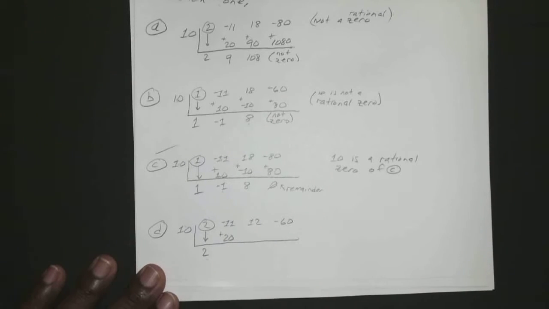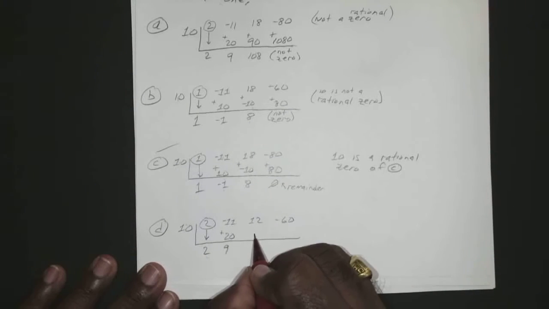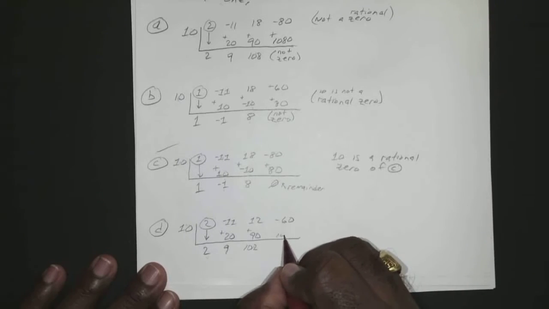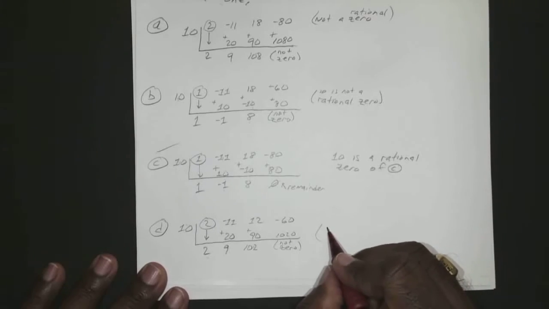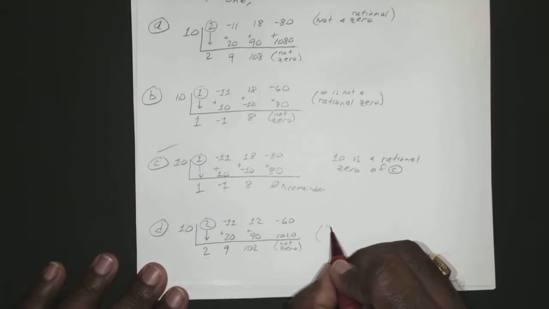Add them together, you get 9. 10 times 9 is 90. Bring that up here. Add these together, you get 102. 10 times 102 is 1020. We don't have to add it because we know it's not 0. So we know 10 is not a rational 0 of D.